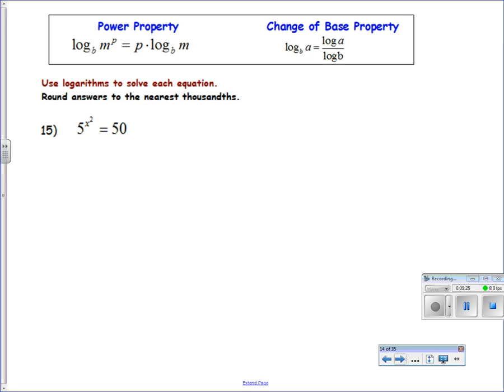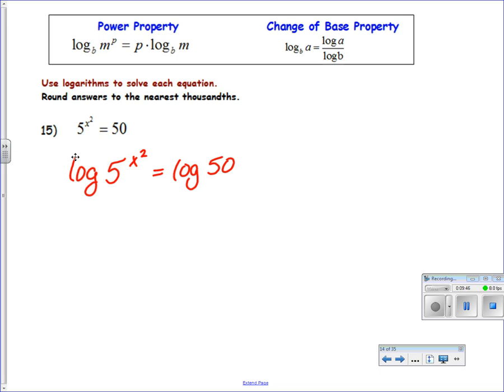So what if we have an exponent and that exponent has an exponent? Do the same thing. So this one again, we would have our log, and then 5 to the x squared, and then we'd have log 50. So first again, log it each side. The exponent will come, we'll actually save that square root to the last step.